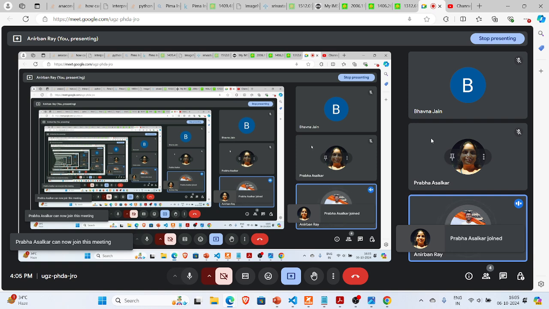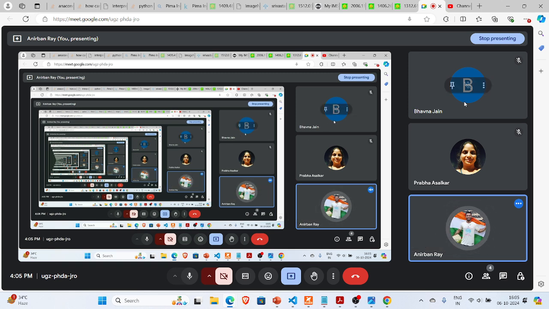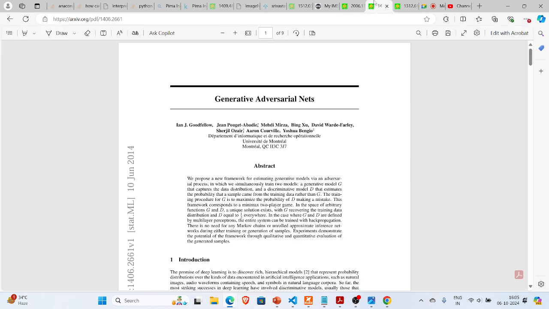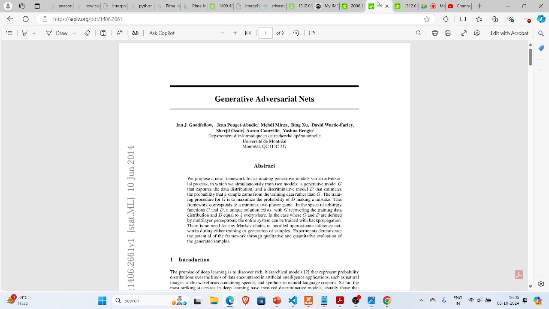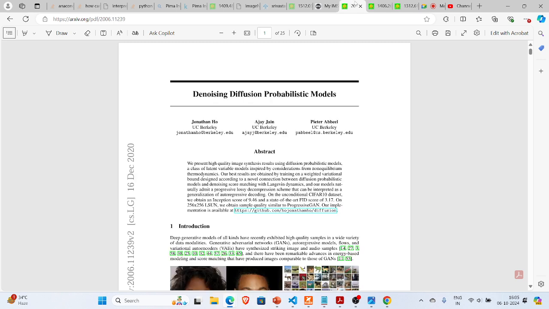Today we are covering a special class of machine learning models, or deep learning models, called the generative models. There are three basic types that we're going to cover: variational autoencoders, generative adversarial networks (GAN), and diffusion models.